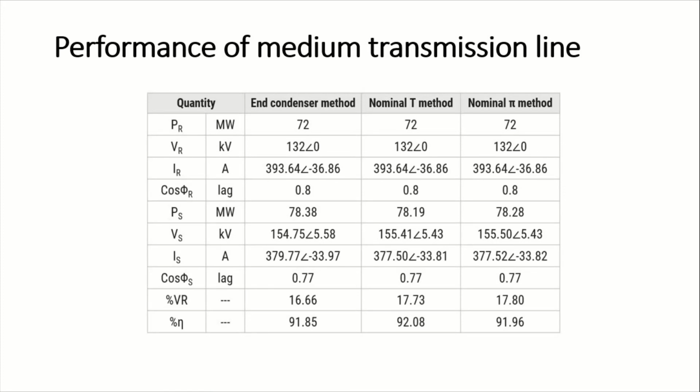This is a comparison between the end condenser method, nominal T method, and nominal pi method. These are the given quantities: PR and VR are the same for all. The value of the current IR that we calculate is also the same for all three methods. Cos phi R is also the same for the methods. PS can be calculated using VS into IS.